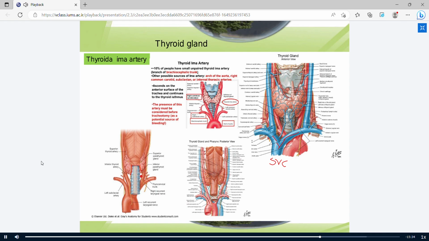If the recurrent laryngeal nerve is damaged, the patient can't speak, because the recurrent laryngeal nerve innervates the larynx and vocal cord.